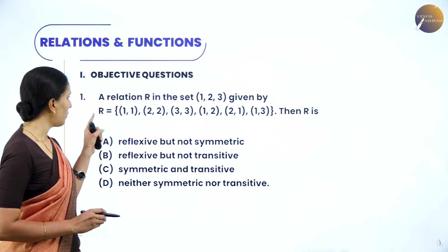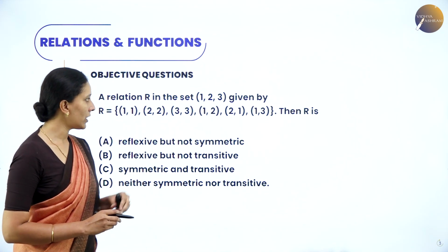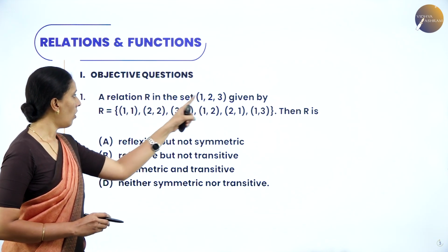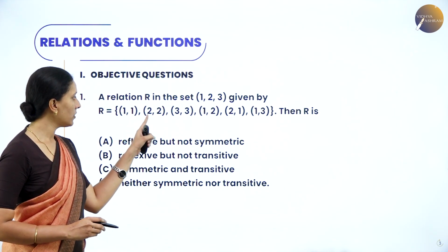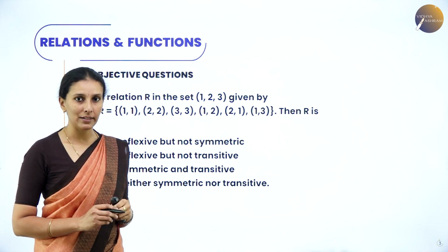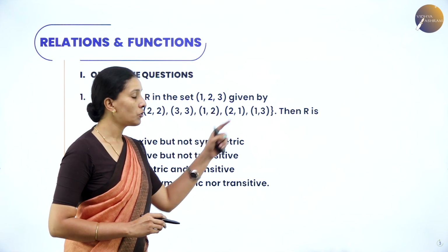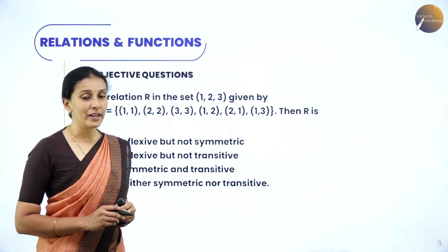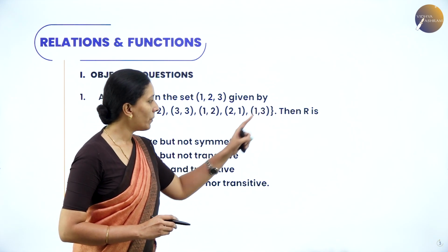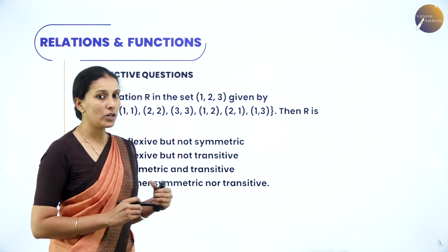So here, if we see the relation set and the set A is {1, 2, 3}, we have all possibilities of (1, 1), (2, 2), (3, 3), hence the given relation is reflexive. Whereas if you come here (1, 2), you have (2, 1), so it satisfies symmetry. But here (1, 3) doesn't have a pair (3, 1), so we can say it is not symmetric.